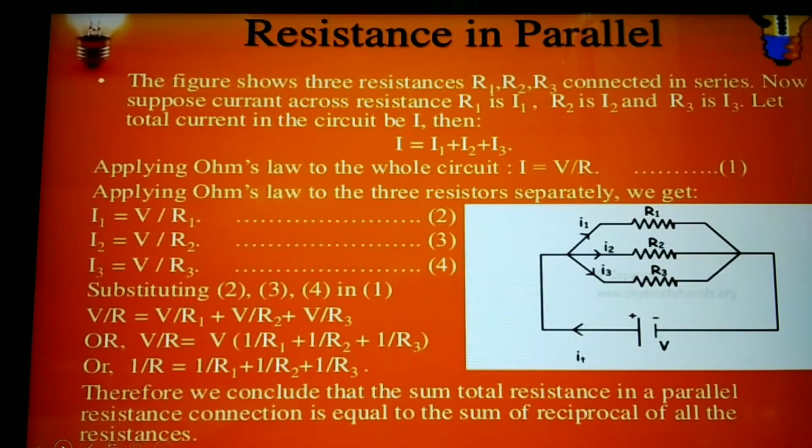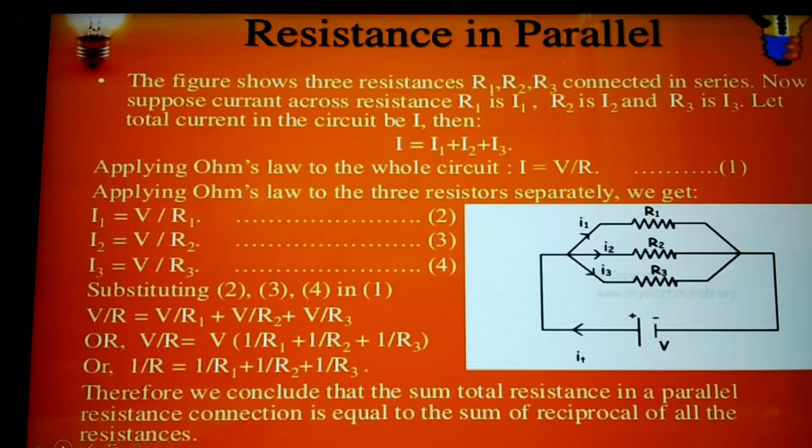Resistances in parallel are shown in the figure. The three resistances R1, R2 and R3 are connected in parallel. Now suppose the current through resistance R1 is I1, R2 is I2 and R3 is I3.